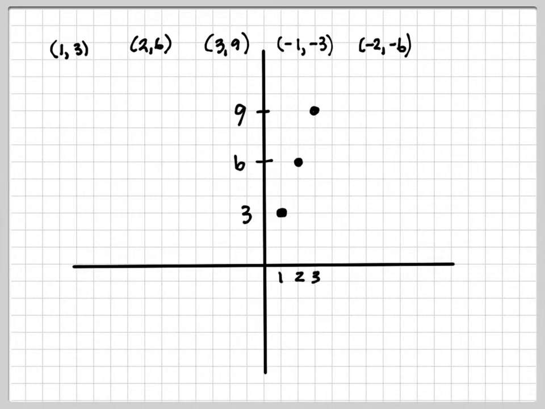All right, cool. And then I'm going to do the same thing with the negative ones that I have. I have (-1,-3). So negative 1, and then -3. And I have (-2,-6). All right.